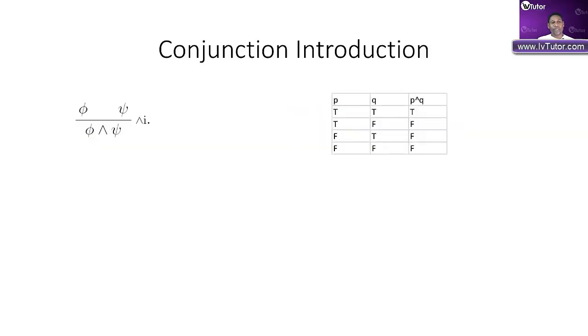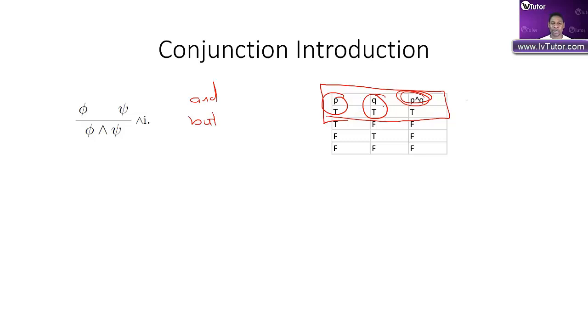Let's look at conjunction. Conjunction and "but" are common terms used. The truth table for conjunction says a conjunction of two statements is true if and only if both of them are true. So if P is true and Q is true, then P and Q is also true. This is simply a rule we can take. The only time that a conjunction is true is when the statements building up the conjunction are true individually.